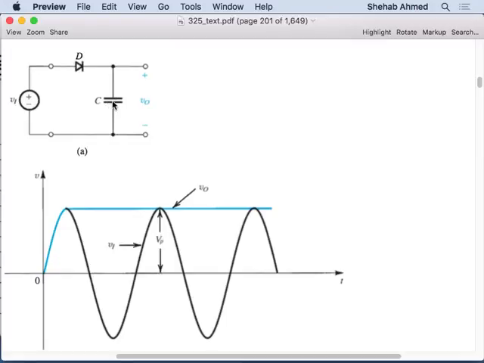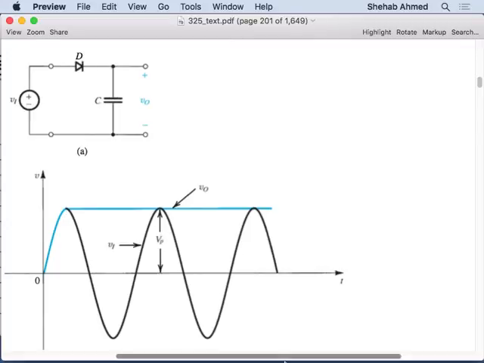So what's going to happen to the capacitor voltage? It will be equal to the source voltage. At this point, my capacitor's charge is equal to this peak voltage, right? And then my source voltage is going down. This capacitor voltage will not change. There's no current coming out of the capacitor to bring the capacitor voltage down. So what's going to happen?